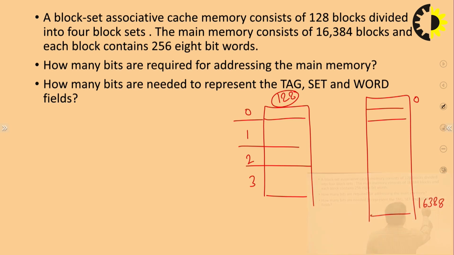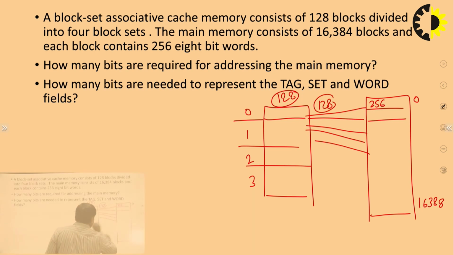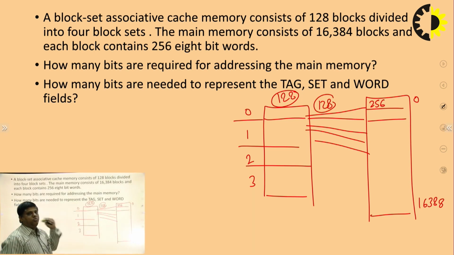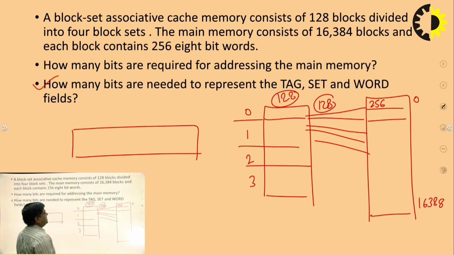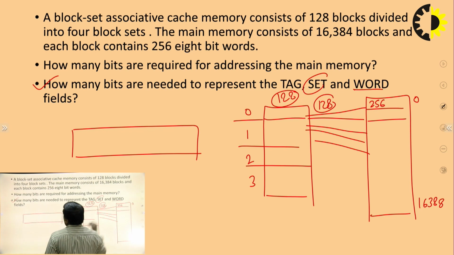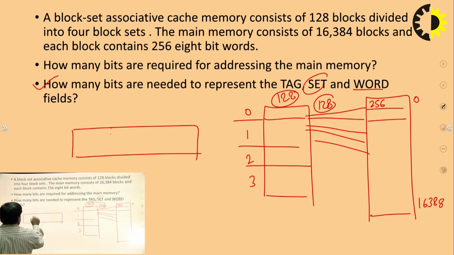And what is the word size? 256. And in each set, 128 blocks of the main memory can be accumulated into the cache memory. Okay. Now, what is the format of the tag, set and word fields of the cache memory?